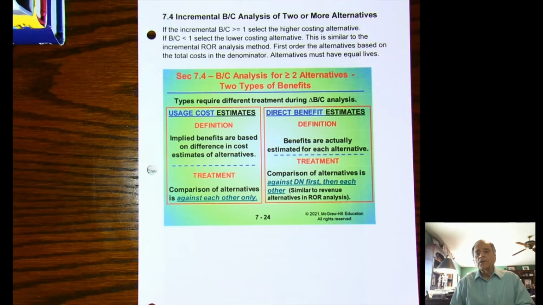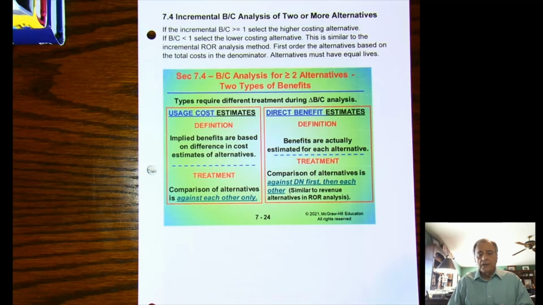So if you have a set of mutually exclusive alternatives, in other words, you can do none or just one, not more than one, then you use this incremental approach, even with the benefit cost analysis.